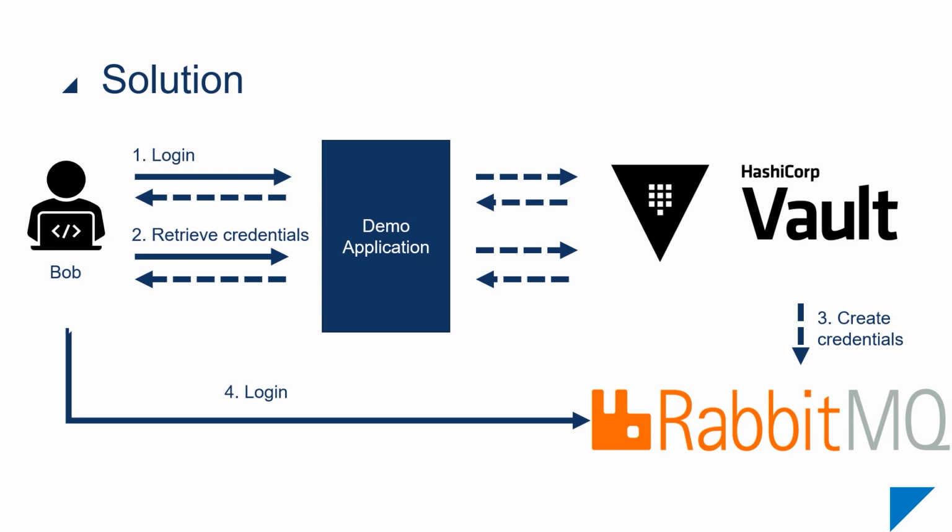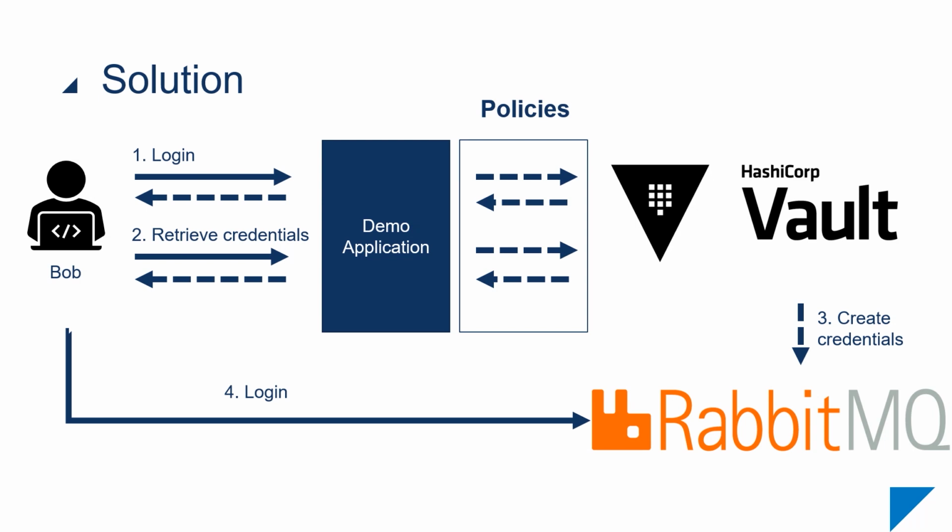And when he's authenticated, he can retrieve RabbitMQ credentials from the demo application. The demo application will use his credentials to create a set of temporary credentials in RabbitMQ, which he can use to log in.